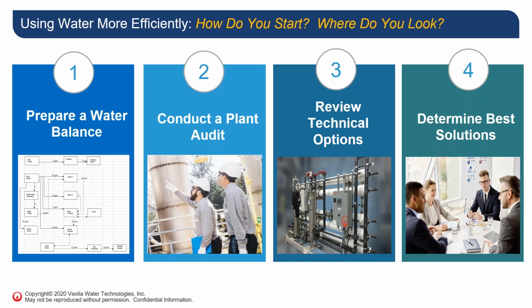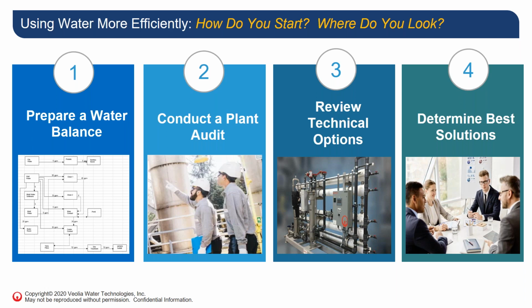So how do you start? Where do you look? First and foremost, prepare a water balance. You have to understand everything, water in to water out and everything in between. After you've finished mapping the water balance in your plant, and sometimes part and parcel, conduct a thorough plant audit.